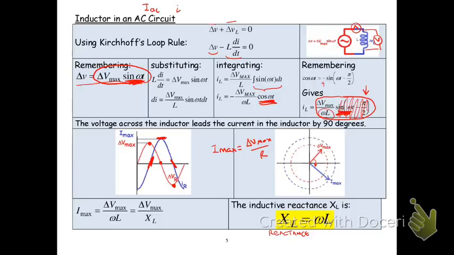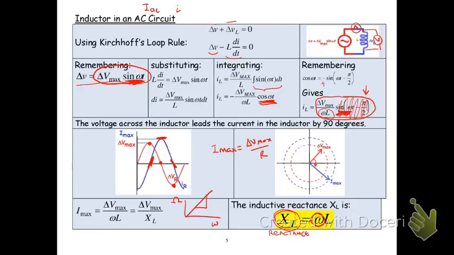What kind of graph would you draw? Ohms and omega, and what would it be? And what would the slope of this graph equal? The L, which is your inductance.